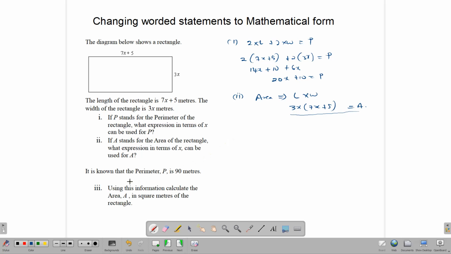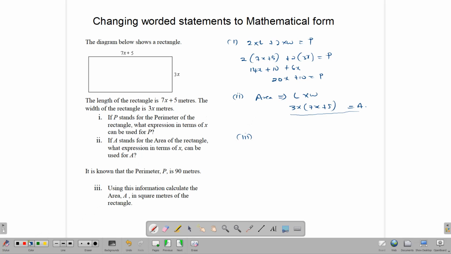For part 3, it is known that the perimeter P is 90 meters. Using this information, calculate A in square meters. That is, we want to find the area of the rectangle. If we're going to find the area of the rectangle, first we need to find what the value of x is.